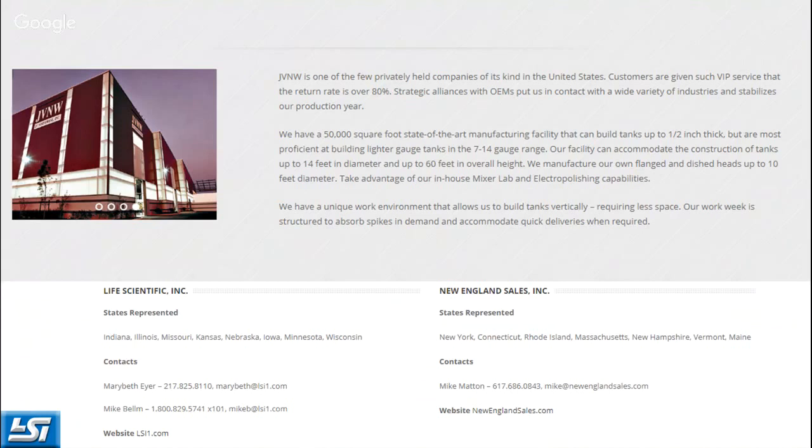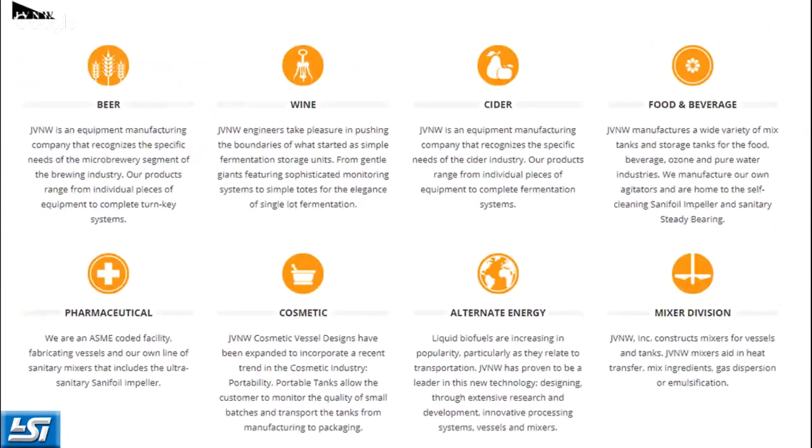JVNW has been in the tank business since its formation in 1981. They're an ASME code tank fabricator, adhering to 3A sanitary and CGMP standards. They have a very broad range of highly customized tanks that go to a variety of different industries.